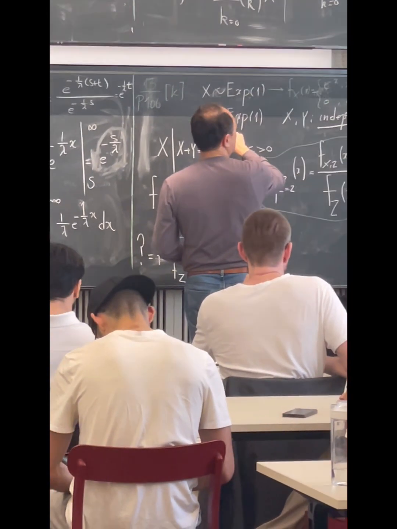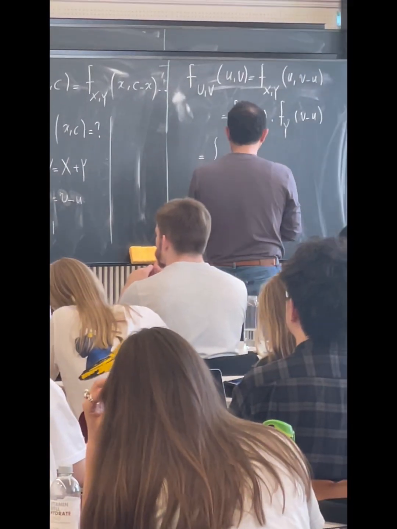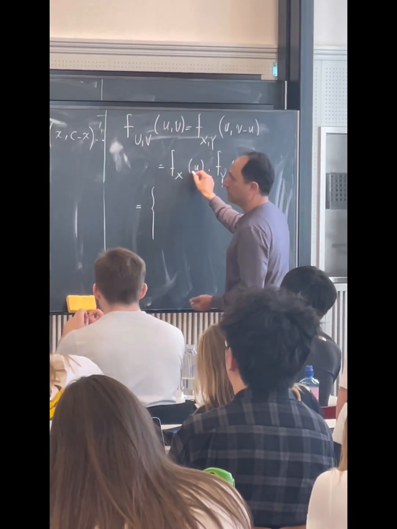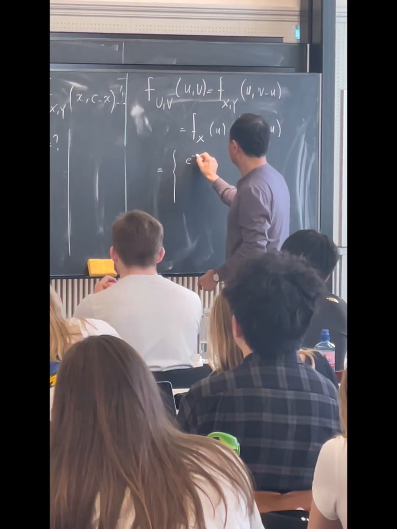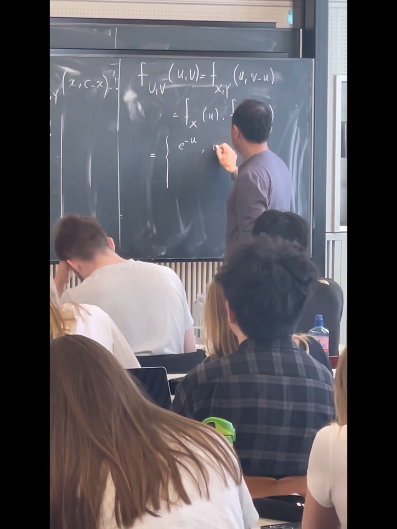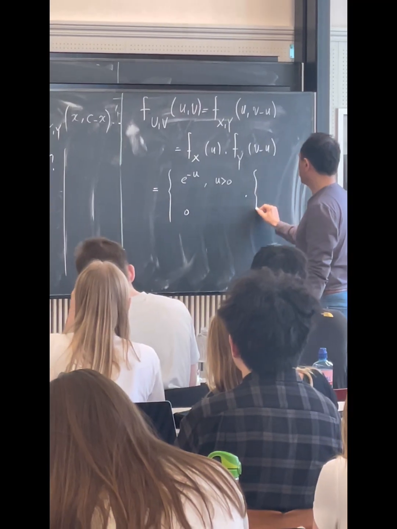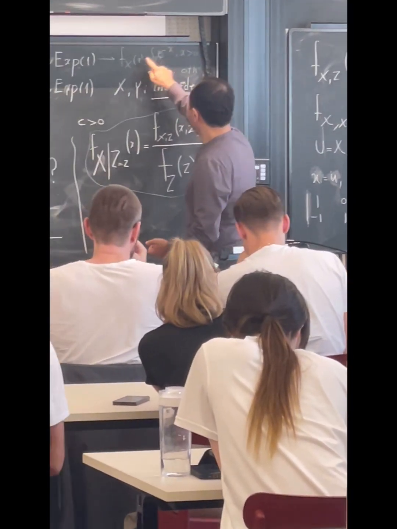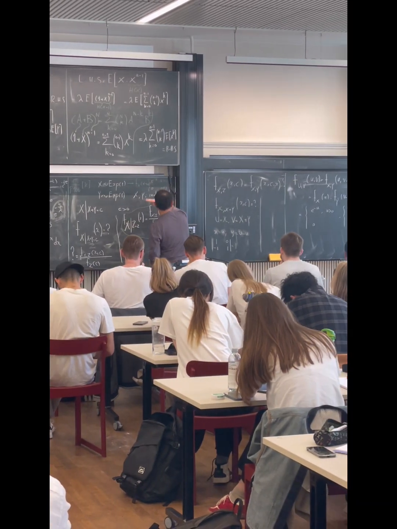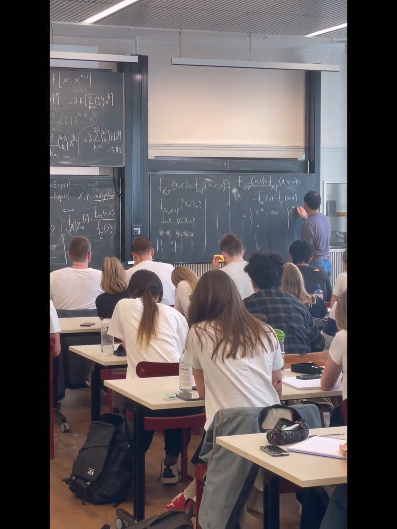Something similar for this one as well. Okay, so what can I write here? This becomes e to the power minus u, if u is positive, otherwise 0, multiplied by this function. The same story for this one, but this one is minus y. So it becomes e to the power of u minus v.